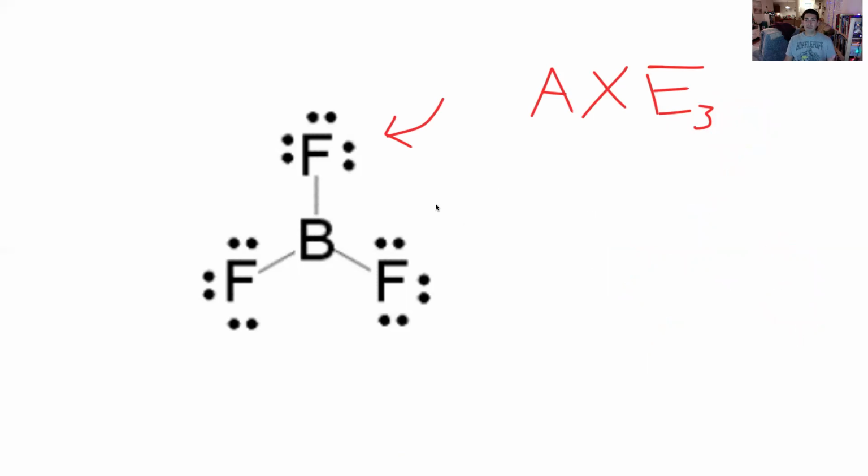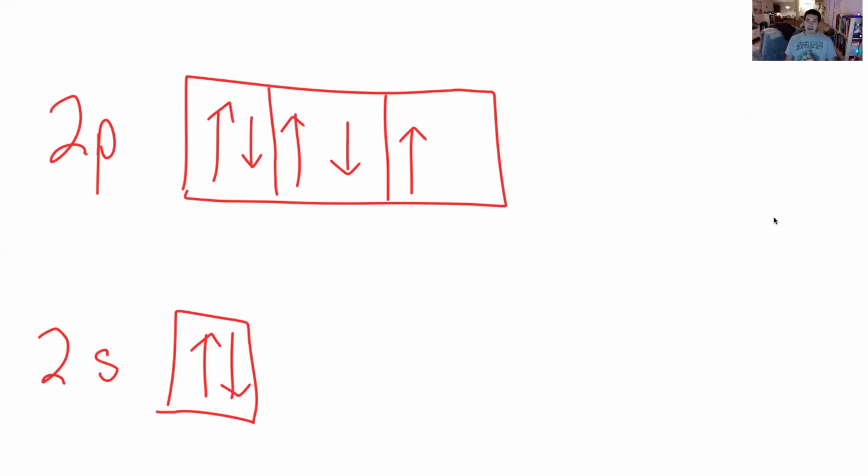If we look at the fluorine atom, its VSEPR notation is AXE3: 1 bonding atom and 3 lone pairs. So that is 4 electron domains. 4 domains is going to correlate with sp3. 3 p's, 1 s, that gets us to 4 electron domains. So what is happening there? The fluorine atoms are 2s2, 2p5, and there are 7 total electrons there.